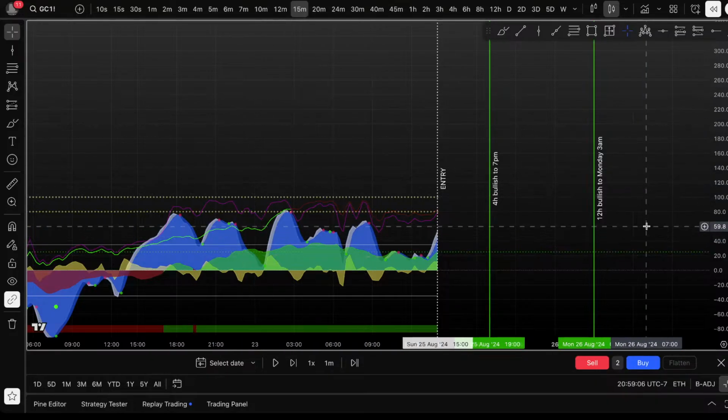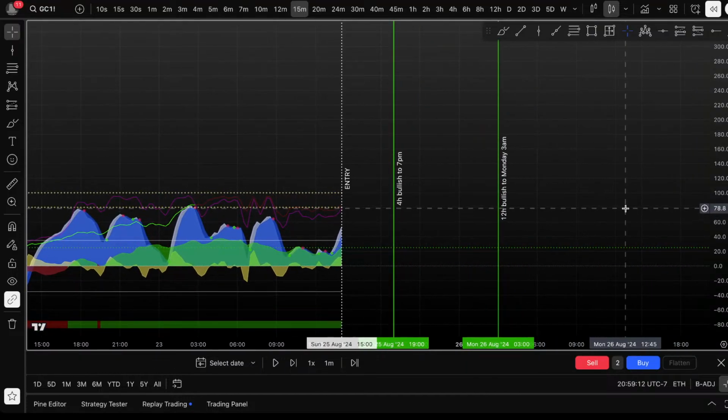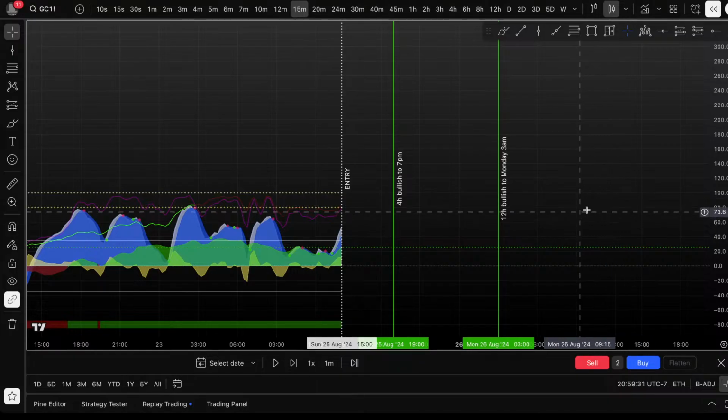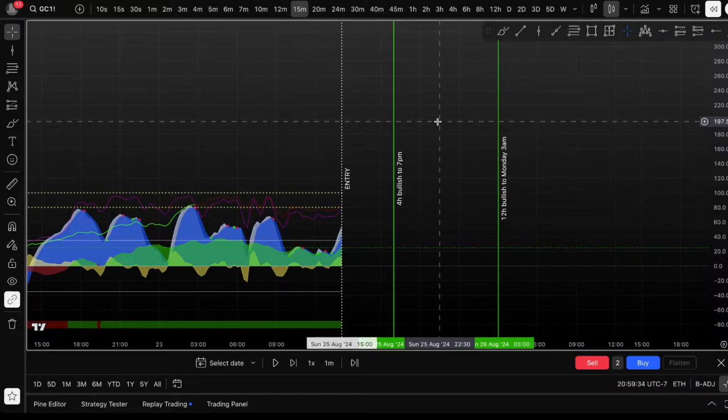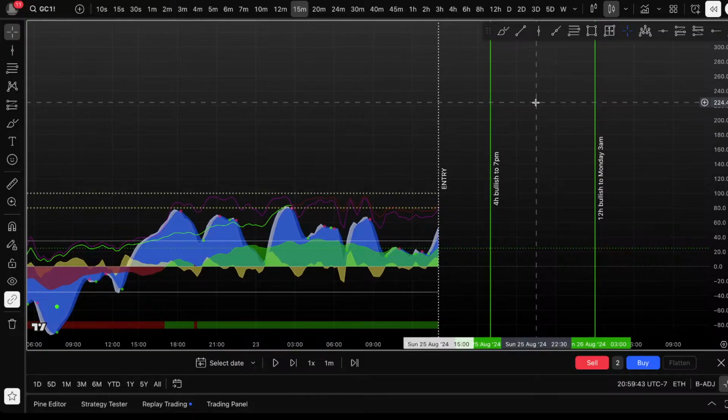As long as we don't get close to a new day, which is right here, Monday, 3 p.m. But we're out no later than noon, and we don't take new trades after 11. So as long as we're in a trade, we could ride it till about noon, and then we get out because the market is so volatile at the end, and prop firms will flatten your trade anyways, around 1 o'clock. So it's just good practice to be out.